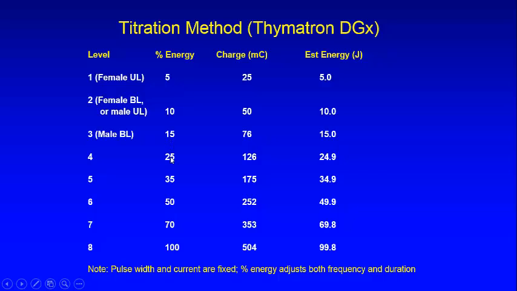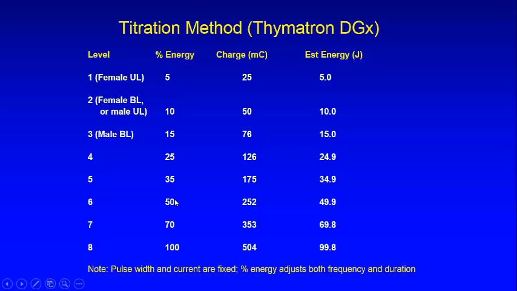Now, if we titrate and get to a certain setting, and we were doing a bilateral lead placement, what we would do is go up by 1.5, so we would basically go up one notch at the next treatment session. If we were doing a right unilateral lead placement, we would want to go up 2 notches, right?